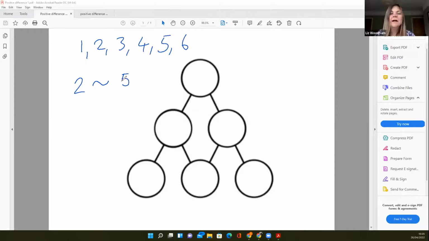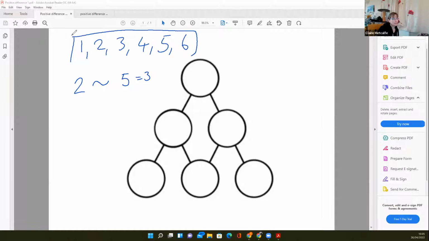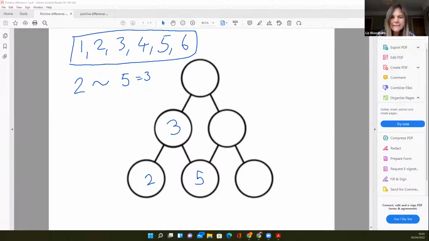Your task is to place these numbers into these circles so that when 2 numbers are joined together by these arcs, this number here is the positive difference. So if I had 2 and 5 in here, then the positive difference is 3, so that would have to be a 3.